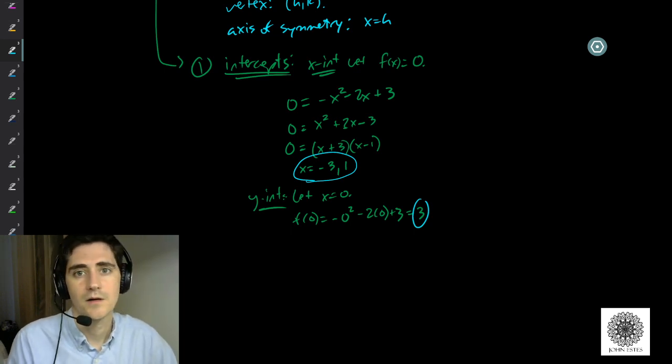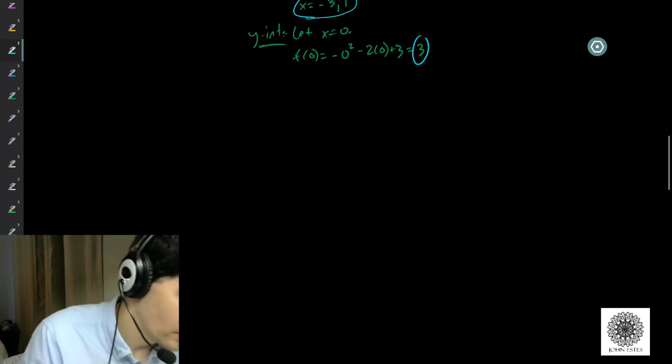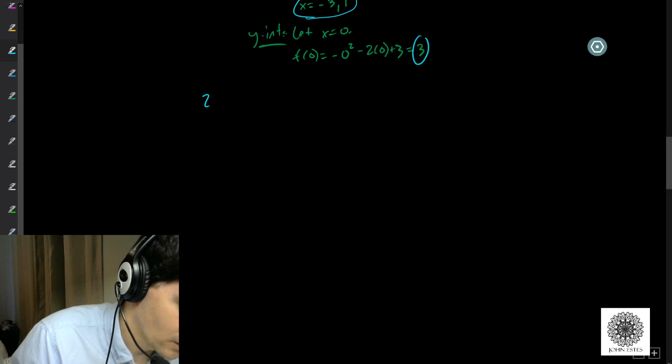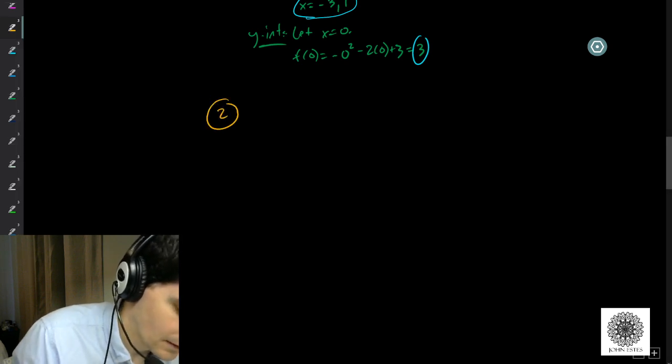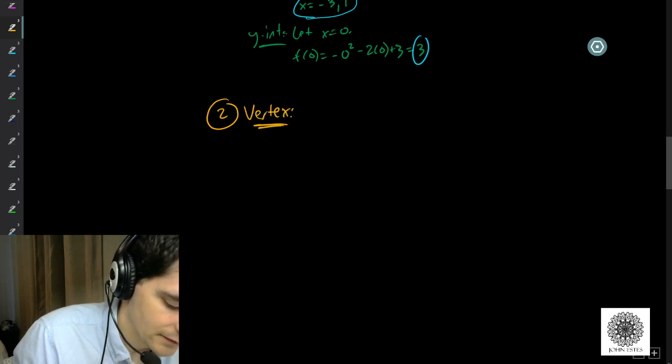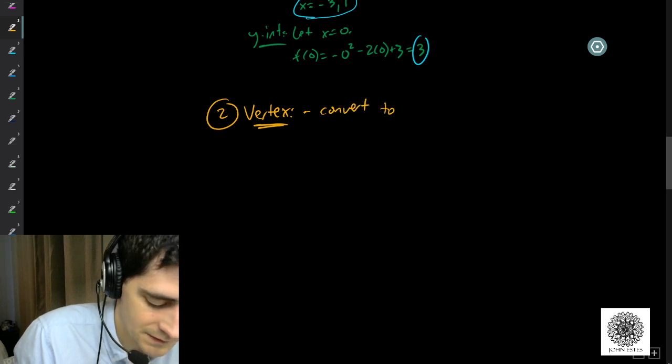The second part is you want to find your vertex. Okay, so here we need to get it now in vertex form. All right, so now we need to find the vertex. And the trick is convert to vertex form.